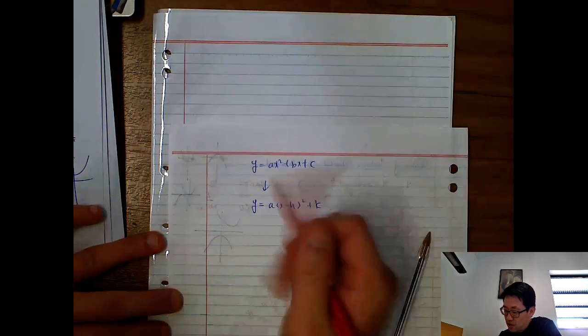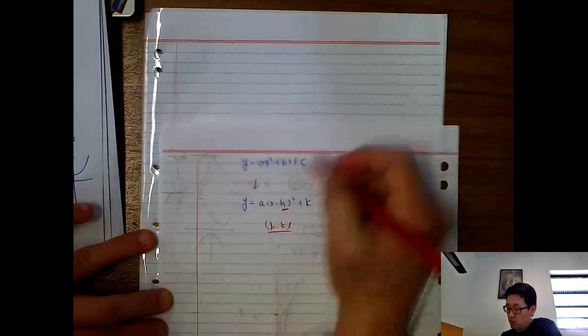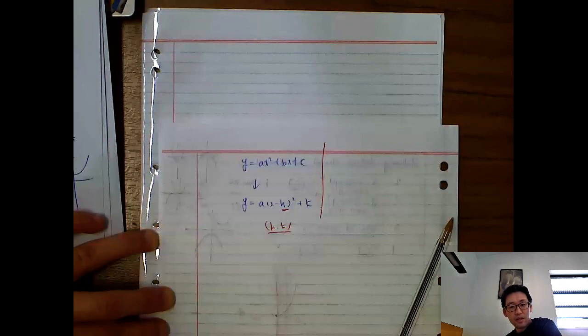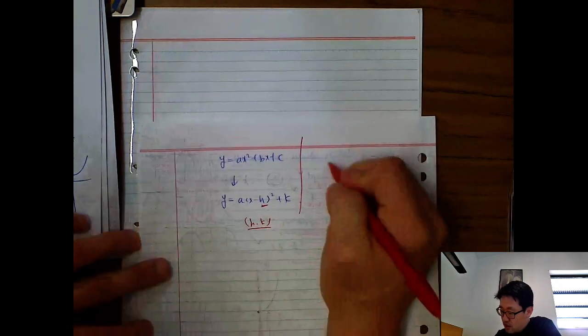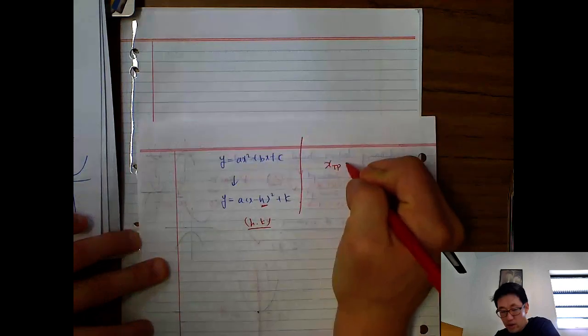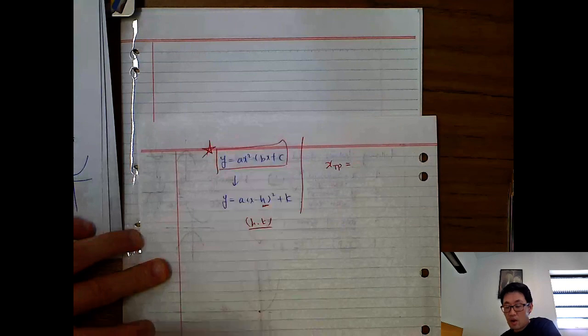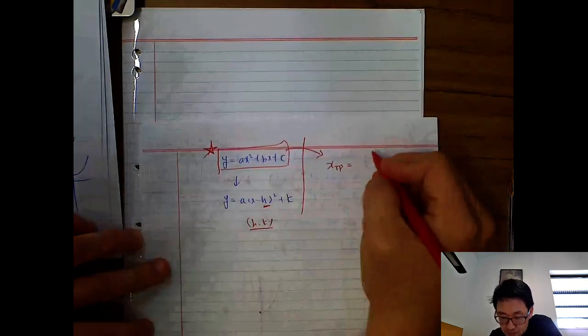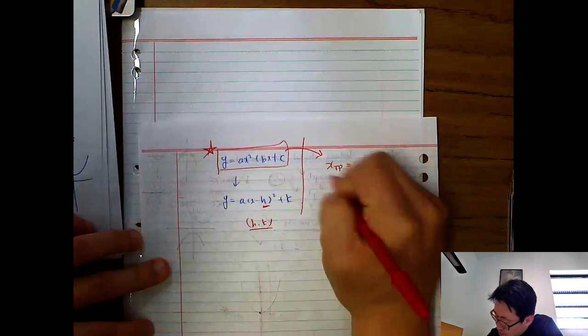So the turning point was h and k. That's what we did last class, wasn't it? Another way we can do it is x turning point equals, from here, I can use the form directly, minus b over 2a.